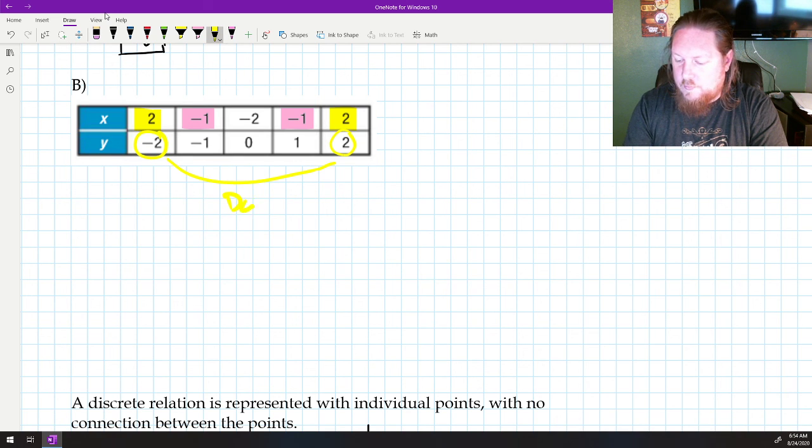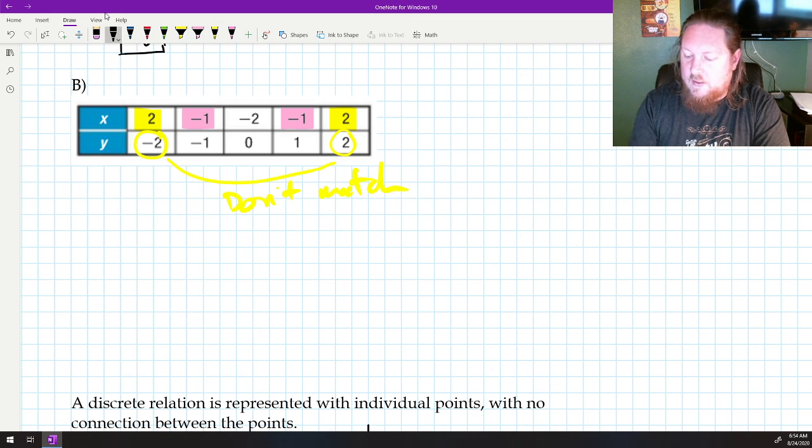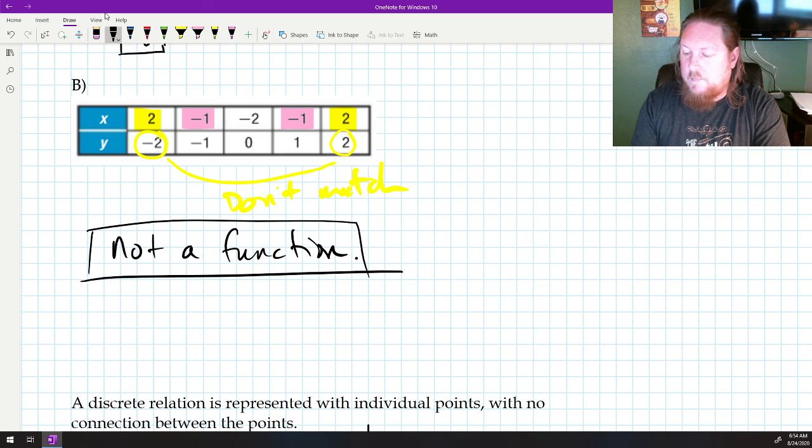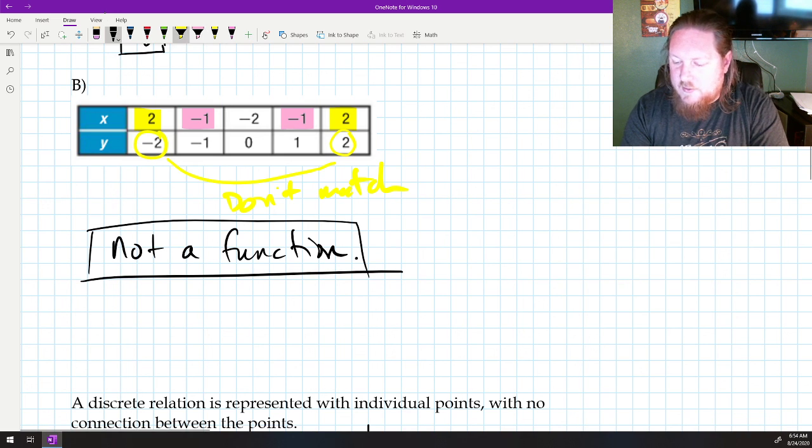Those two don't match. So immediately that tells me this is not a function. If you didn't see that one with the 2s, you could have seen that you had the same problem with the -1s. So this one is definitely not a function.